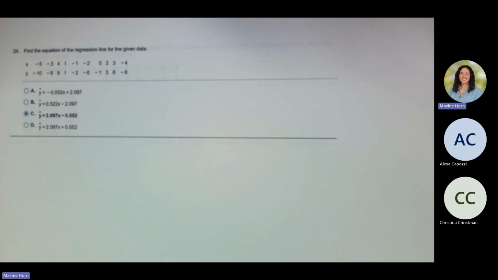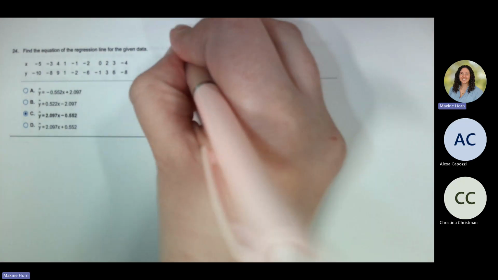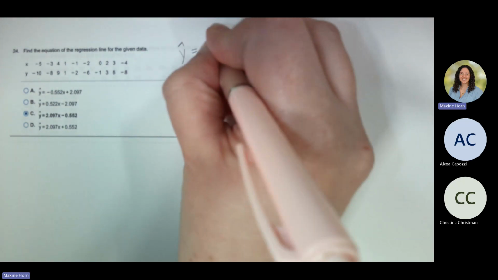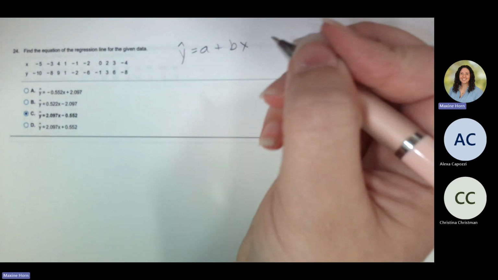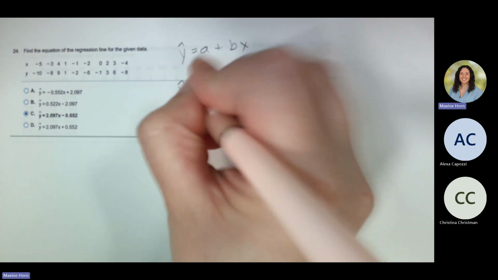Find the equation of the regression line for the given data. Okay, so we talked about this a little bit before, right? That it gives us this a plus bx, but that's not the standard form of a line.